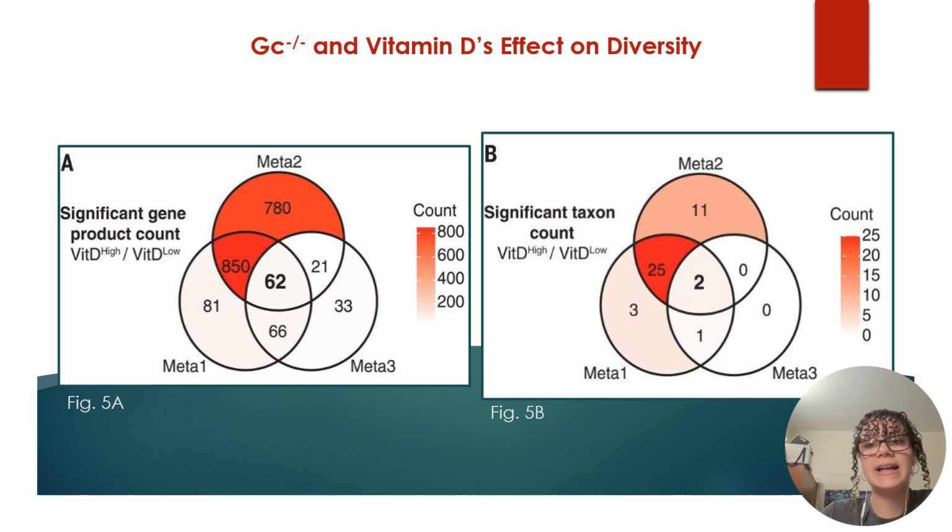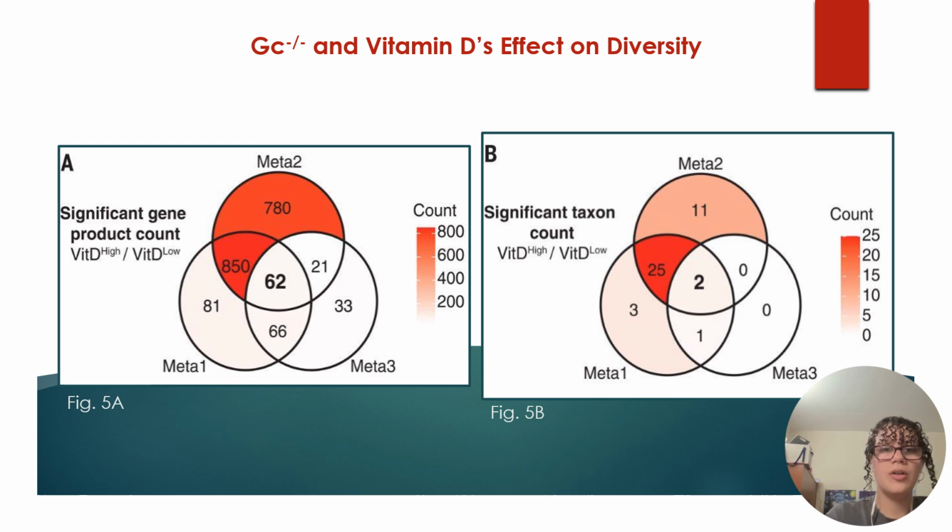Now we looked at three different metagenomic analyses. The first metagenomic data is comparing wild type and GC inactive in a vitamin D standard environment. The second is wild type and GC inactive in both vitamin D high and vitamin D standard. And the final is just looking at the wild type in both conditions.